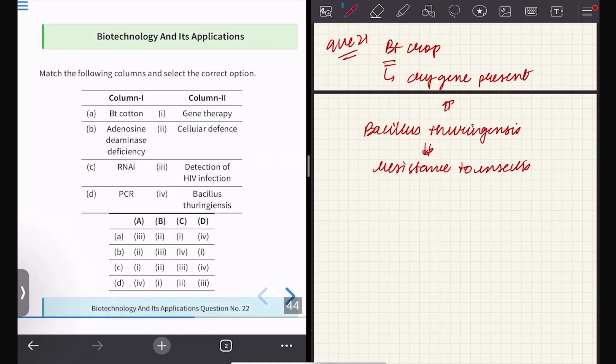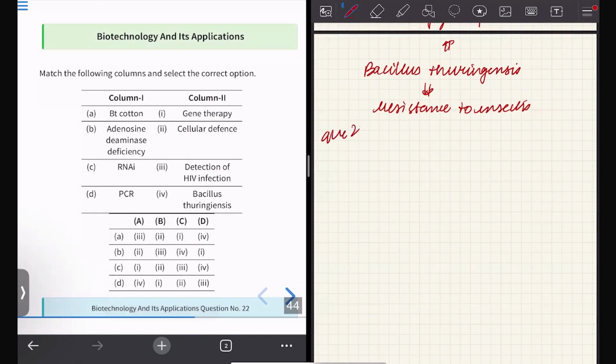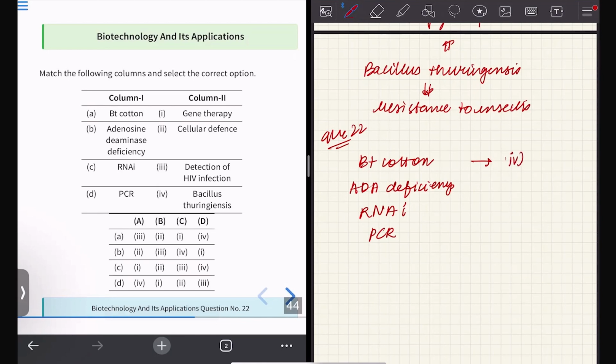Moving on next, we have question number 22, which is match the following. We have BT cotton, we have adenosine deaminase deficiency, we have RNAi, and we have PCR. So BT toxin is actually BT cotton. In BT cotton, we have BT toxin, which is derived from Bacillus thuringiensis, which is option 4.